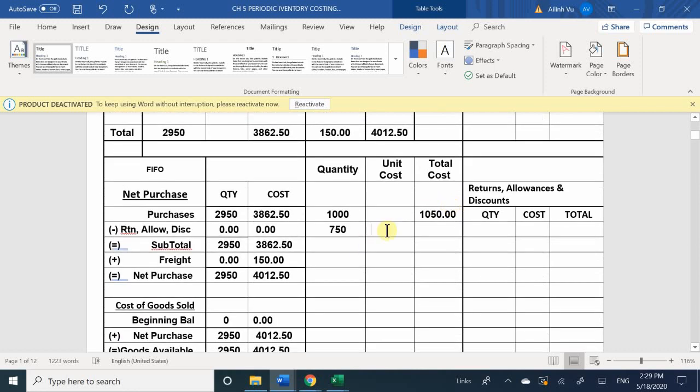Yes, you're going to take 750 and multiply it by $1.30, because this is the entire total cost per item. Multiply them together and you get how much again? $977.18.